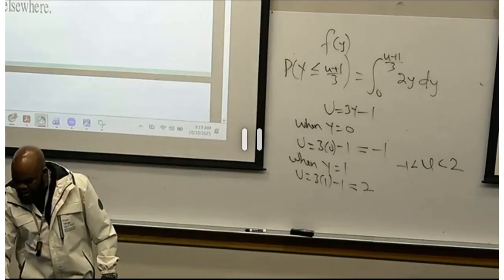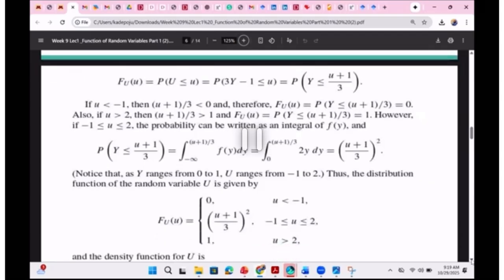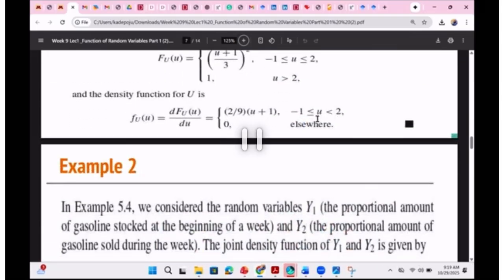Now, I'm actually going to show you what I have. That was why we have this guy here. u lies between negative 1 and 2. If you want to verify whether your answer is right, all you need to do is perform an antiderivative on this guy from negative 1 to 2.